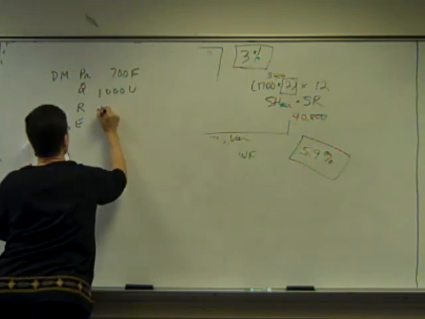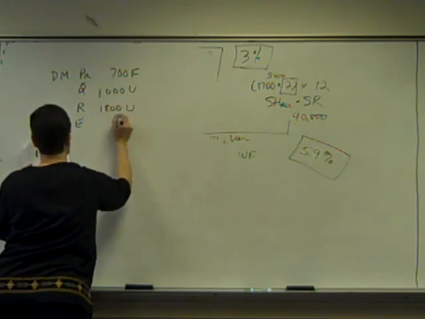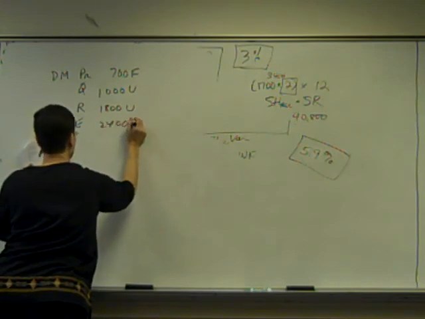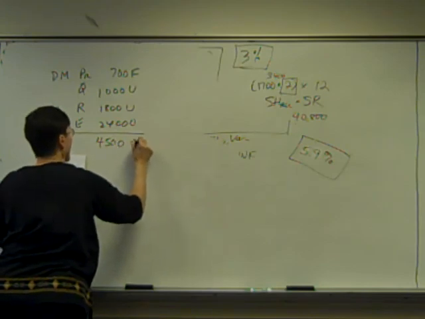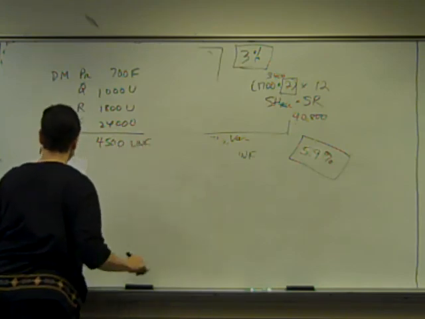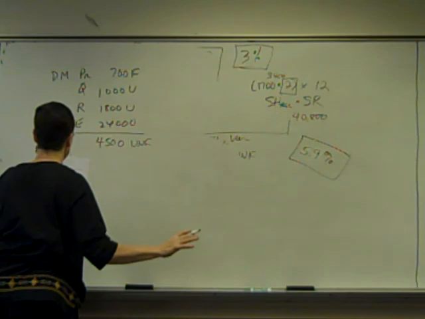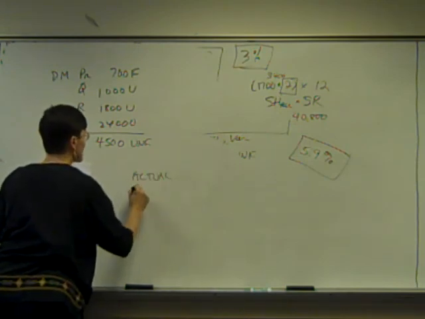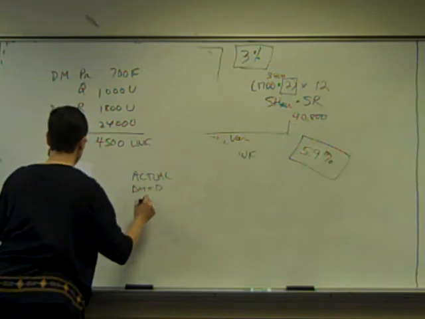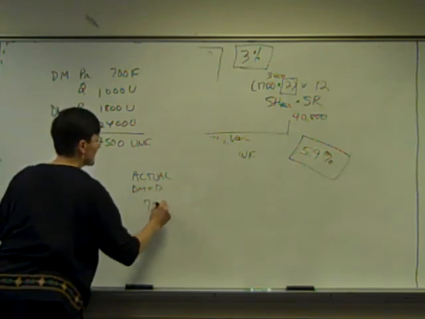So if you take the 4 variances, the material ones based on usage, just for materials and labor, we have a $4,500 unfavorable variance. If we looked at our actual costs, our actual direct material and labor were $79,300.